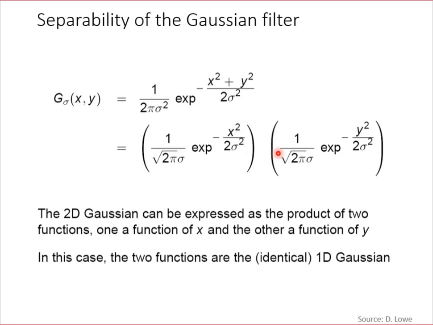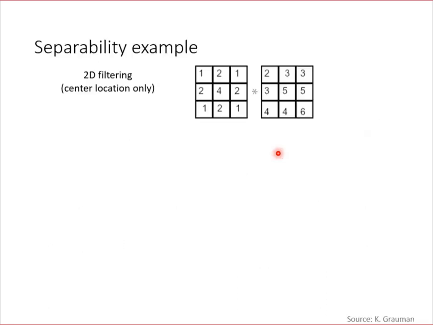We will keep it in mind: the Gaussian filter is a separable filter, and a separable filter has a very good advantage. Let's show it. If you want to apply a Gaussian filter on an image, say a very simple image like this, then you need to calculate those numbers.